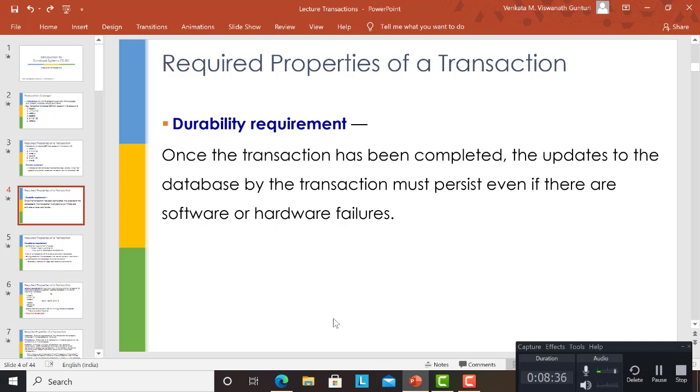So the effects of this transaction should be there in your database. Tomorrow, if your system crashes, the account balance of A and the account balance of B should not go back to their old values, right? They should still be the last sane value, according to the transactions which have been done on them. So that is the durability requirement.